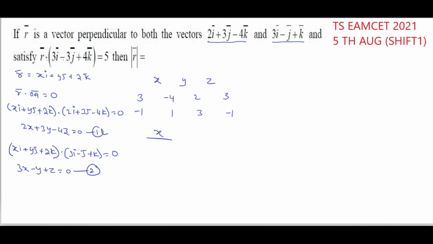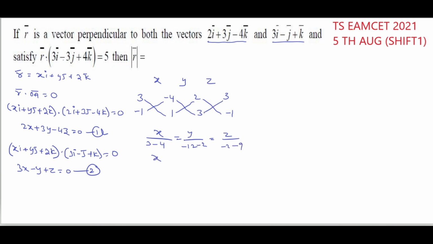Therefore x by, so this is 3 into 1, 3, minus 1 into minus 4 plus 4, that is 3 minus 4, so that is equal to y by minus 4 into 3, that is minus 12, minus 1 into 2, that is minus 2, that is equal to z by 2 into minus 1, that is minus 2, minus 3 into 3, 9.